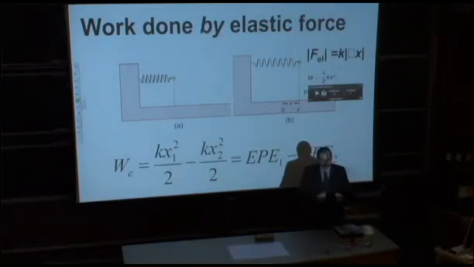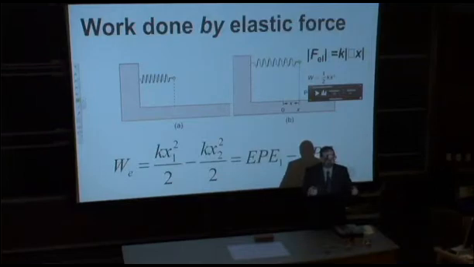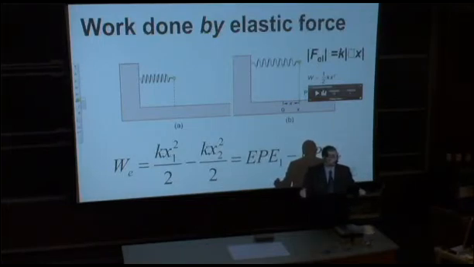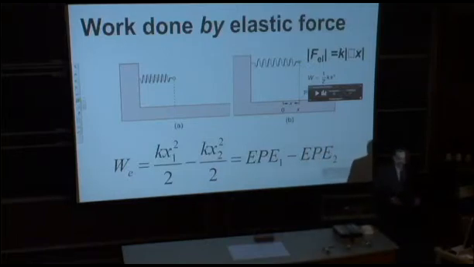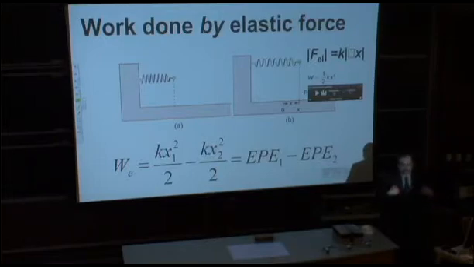So use your imagination. I'm holding a spring, and when I'm stretching it, I'm doing work on the spring, and the spring is doing work on me. It's like Newton's third law. We have two forces. Forces have the same magnitudes in opposite directions, and also the work done by me on the spring has the same magnitude but opposite value to the work done by the spring on me.